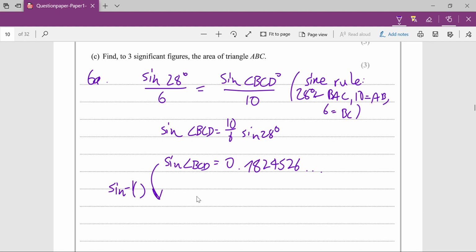So we're applying the inverse sine function here to get that BCD must be equal to, in this calculator, it's just sine -1, and then the answer 51.48 degrees, or 51.4856 and so on degrees.